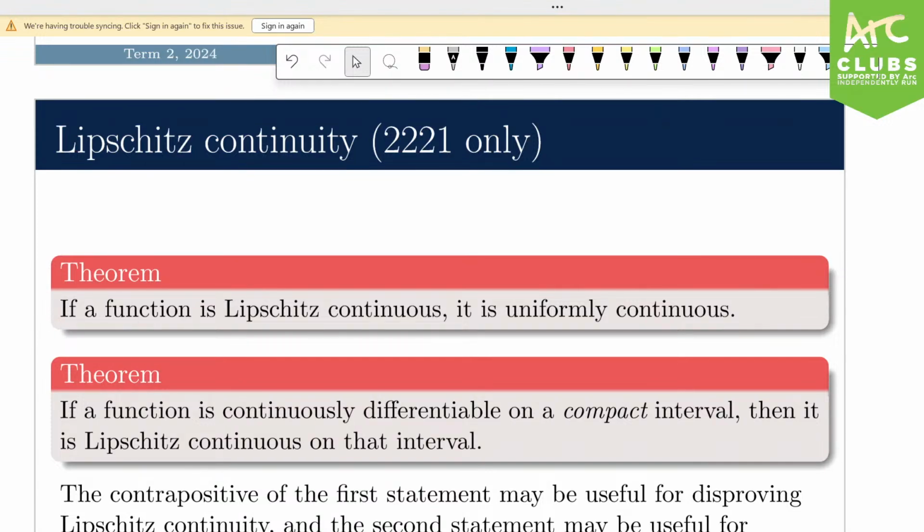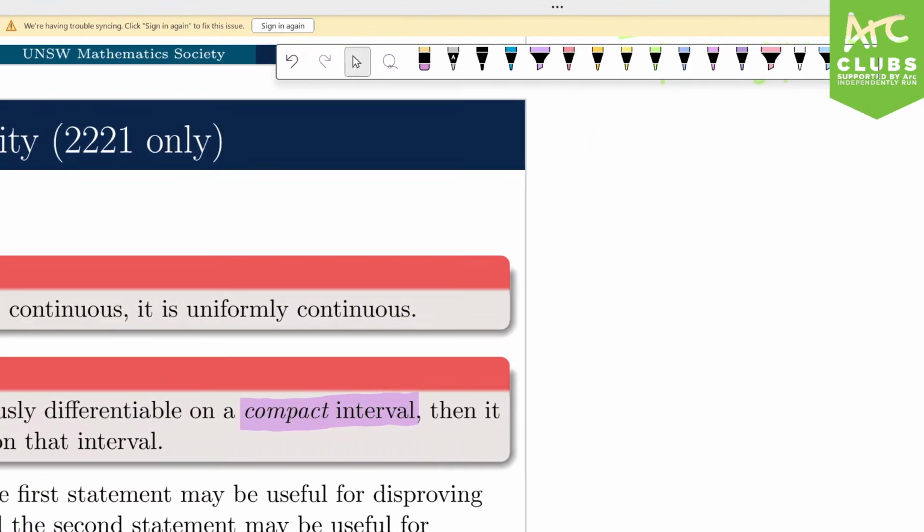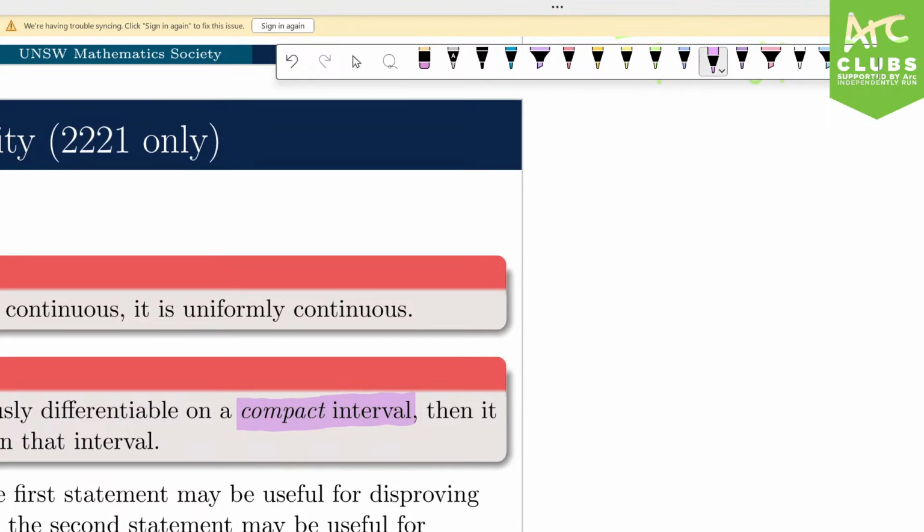Now the next one is if we want to prove something is Lipschitz continuous, this might help us. We say if a function is continuously differentiable on a compact interval, then it's Lipschitz continuous on that interval. Just as a refresher, if you took Math2121, this will be familiar.